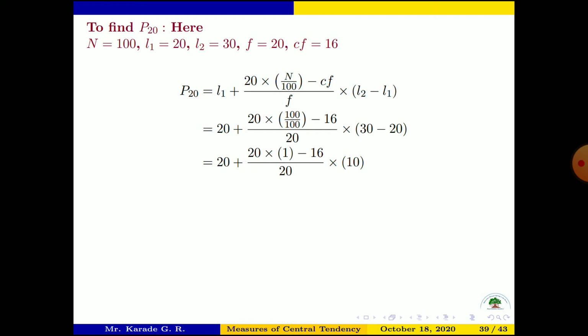It is equal to 20 plus 20 into 1 minus 16 divided by 20 into 100. 20 plus 20 minus 16 divided by 20 into 100. In the next step, 20 plus, 20 minus 16 is 4, divided by 20 into 10, sorry, not 100, into 10.